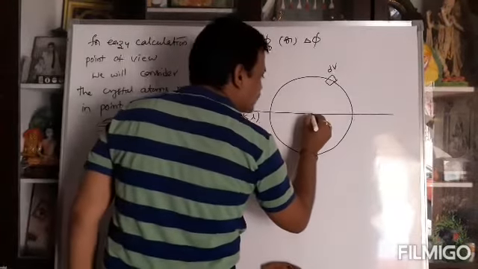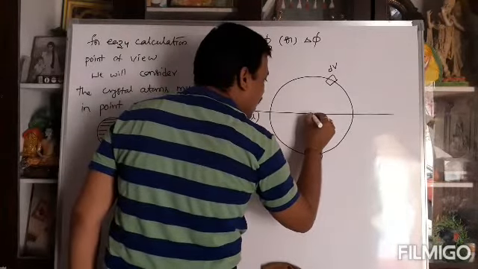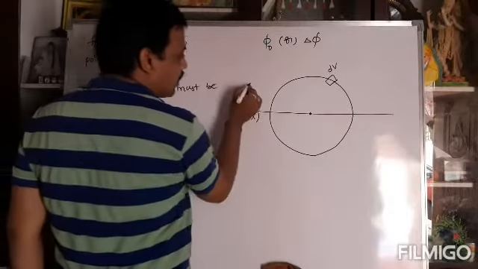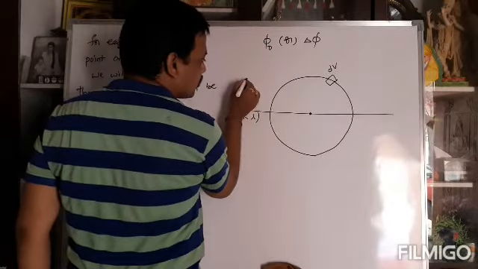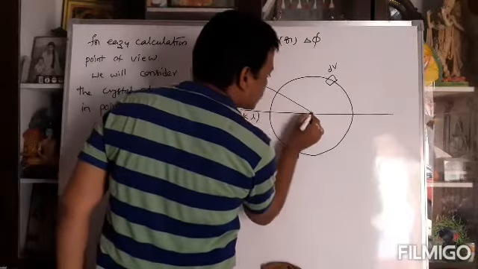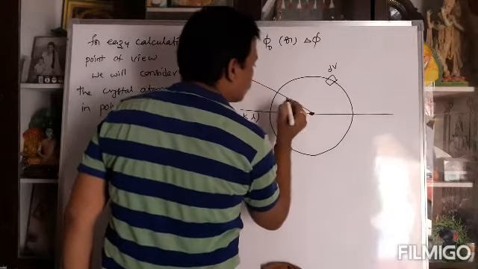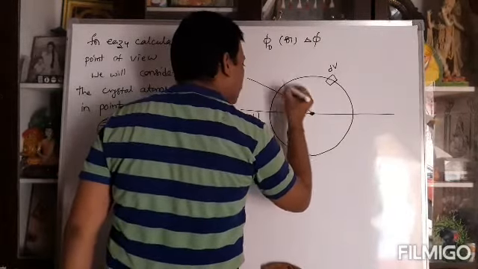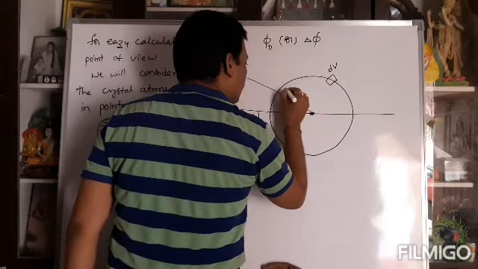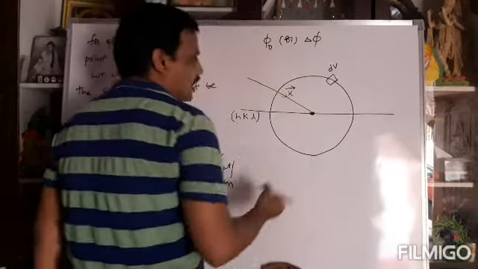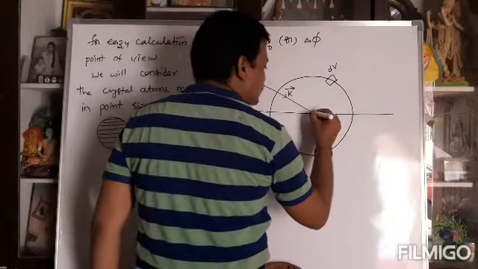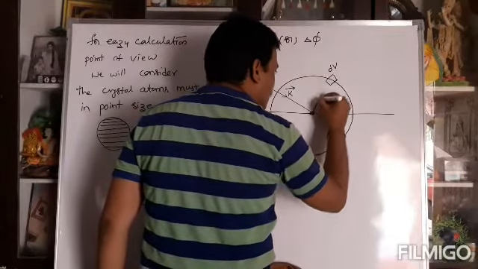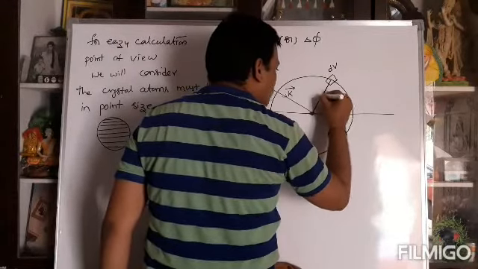So this is a point-sized atom. I am sending one ray onto the lattice point in this direction, represented by K bar. This K bar is diffracted, and the diffracted ray is observed with respect to the volume in this direction.